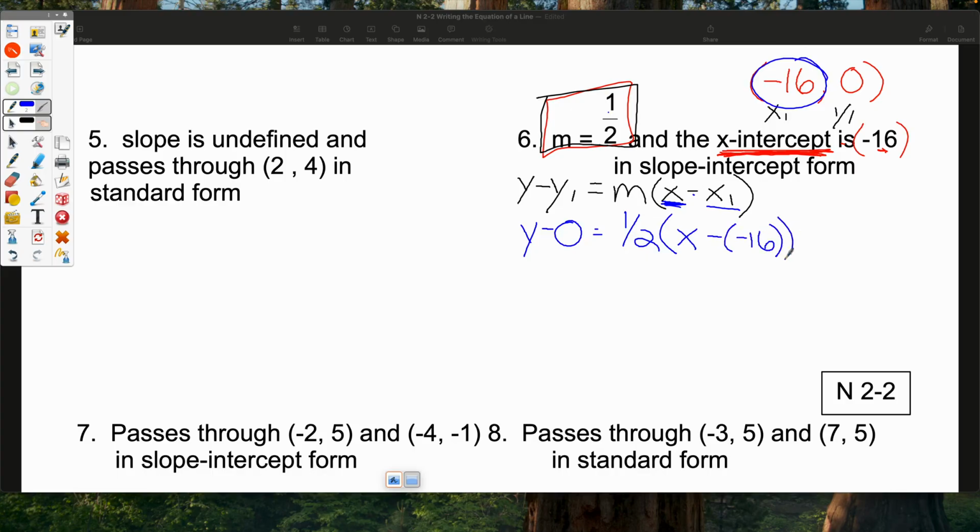What happens with the double negative right here? It's going to change to a positive. So really inside that's x plus 16. And now you can multiply your 1/2 by x and 1/2 by 16 and simplify.